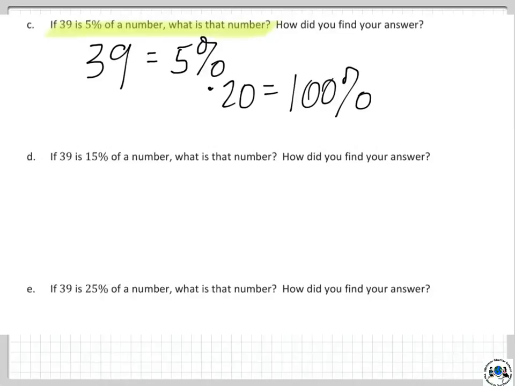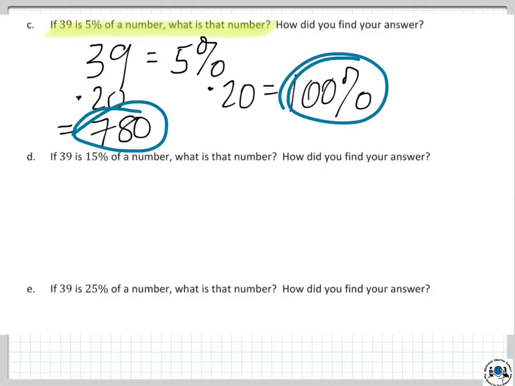If I have to multiply by 20, that means I have to multiply 39 by 20. Not as easy to do in your head as the others, but if I do that, I have 780, which is twice the amount of the 10%, which makes sense. So in this case, our 100% is 780.